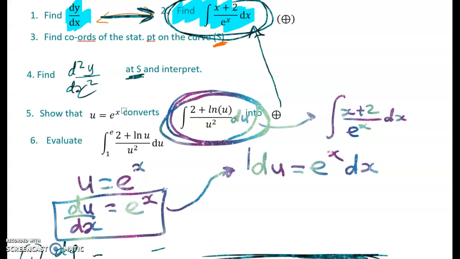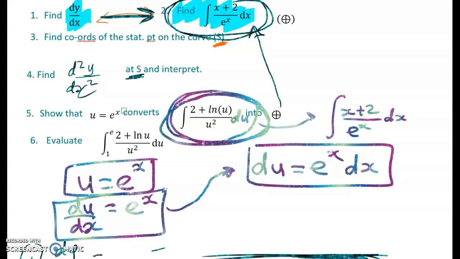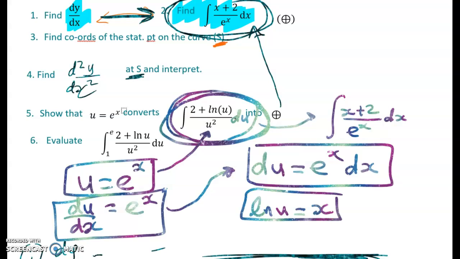So we've now got a way to substitute for the du, and we've got u equals e to the x, so we can do the u squared. The last thing that we have to deal with is the numerator, so we know that the log of u is equal to x. And I've put all of those things into little boxes. Now we're good to go.